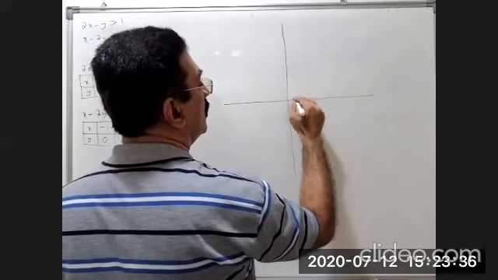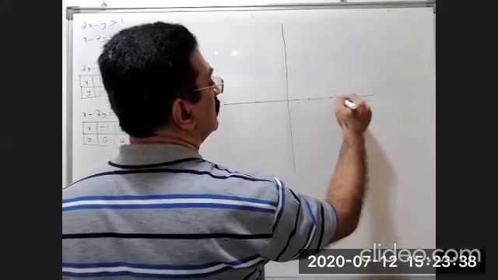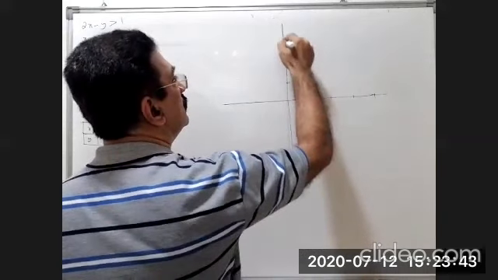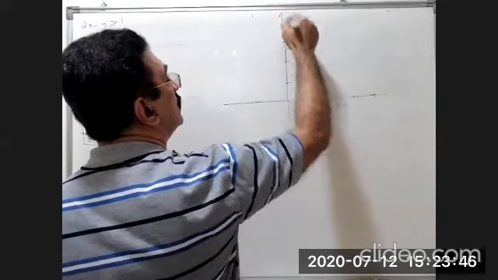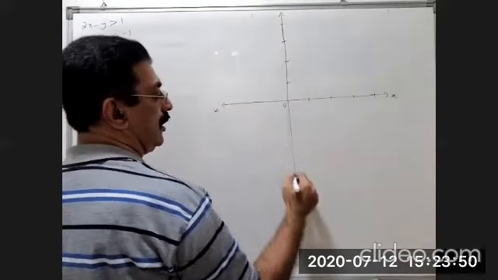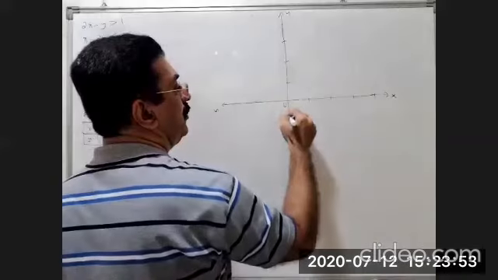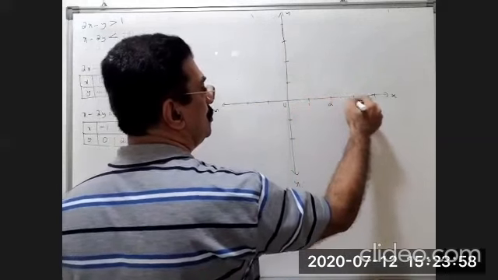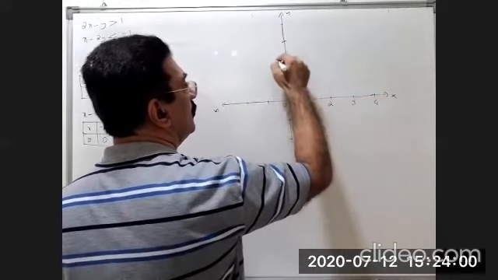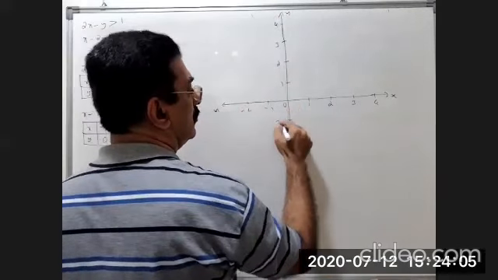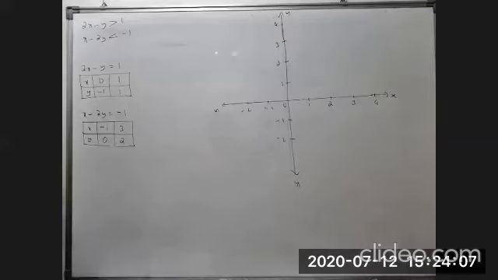x dash, x, y dash, y. 1, 2, 3, 4. Zero, minus 1 is here. 1, 1 is here.